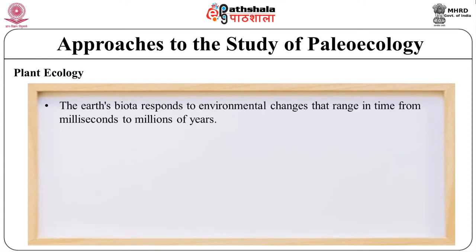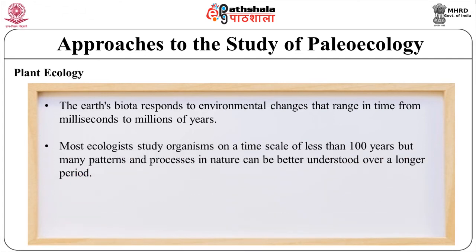The Earth's biota responds to environmental changes that range in time from milliseconds to millions of years. Most ecologists study organisms on a time scale of less than 100 years, but many patterns and processes in nature can be better understood over a longer period.